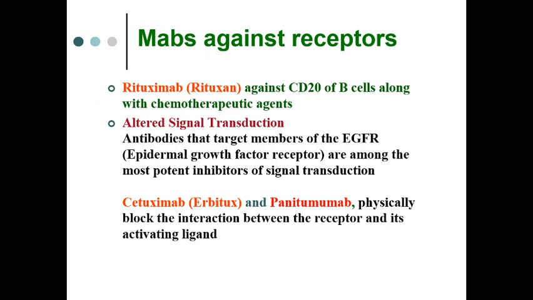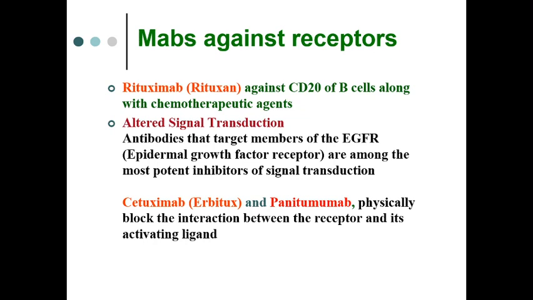There are other monoclonal antibodies designed to act on certain immune cells and certain tumor cells. For example, rituximab. Please note some of the trade names of the monoclonal antibodies end with MAB. MAB stands for monoclonal antibody. Rituxan is the trade name for the rituximab antibody, which is designed against the CD20 receptor of the B cells.